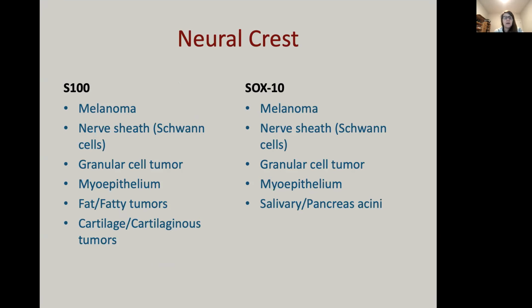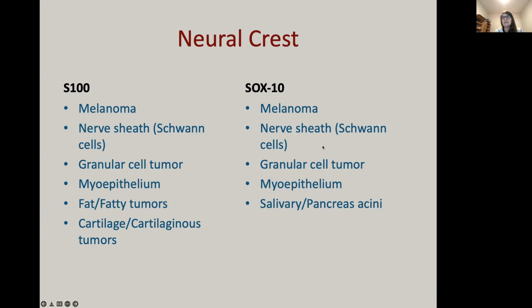The S100s and the SOX10s can, of course, also be present in things other than melanocytic or nerve sheath differentiation. So it's thought that granular cell tumors show perhaps some nerve sheath differentiation. Myoepithelium, based on its embryologic derivation, also contains both of these. Fat and cartilaginous tumors can also have S100.